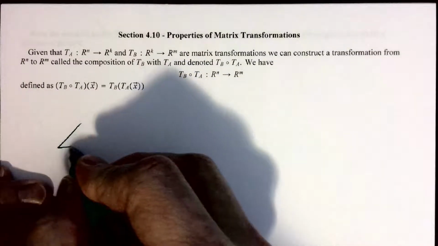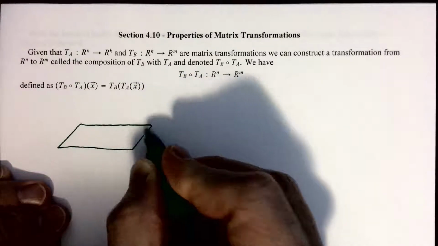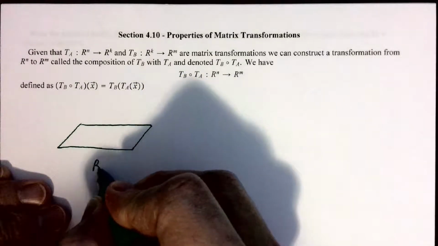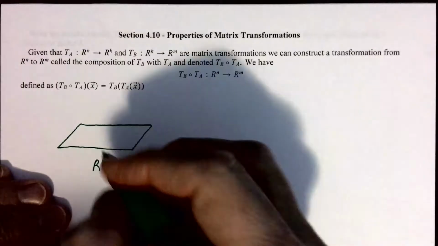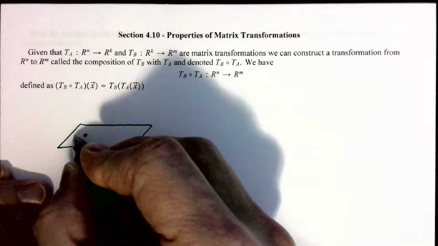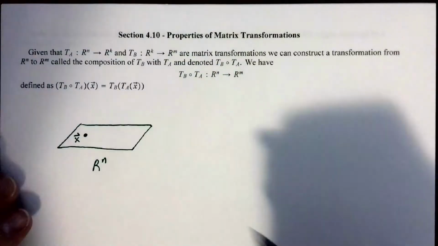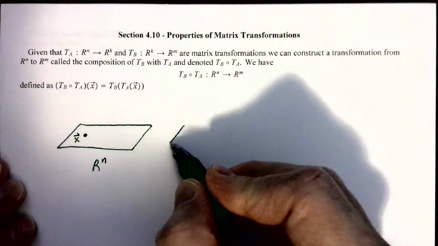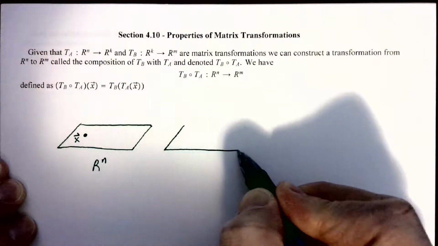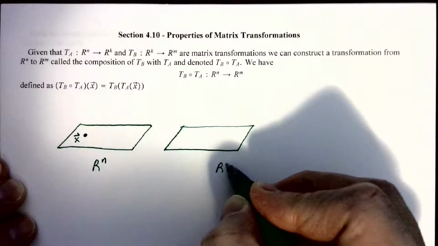So, for instance, let's let this sort of plane, quote unquote, represent N space, right? And in N space we have a little vector here called X. It's an N tuple, right? It resides in N space. And then over here we'll have our K space.